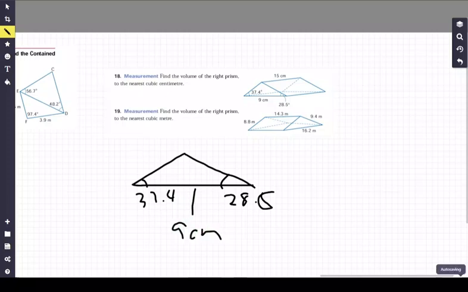Now we can actually complete the triangle. Let's find the top angle: 180 minus 37.4 minus 28.5 gives us 114.1. So we can use the sine law to find all the other values.